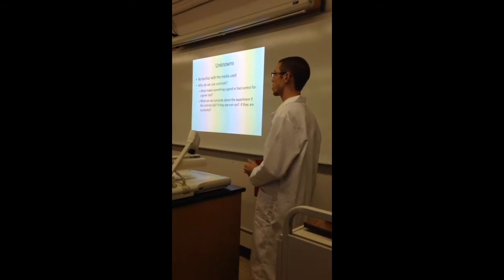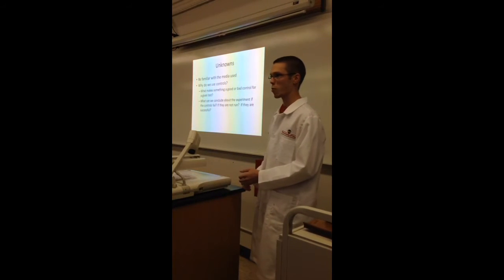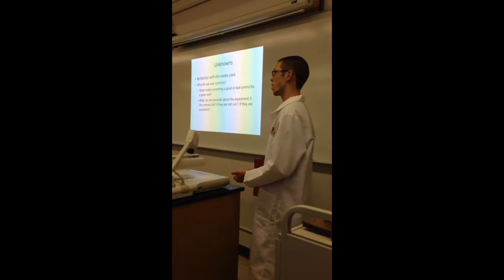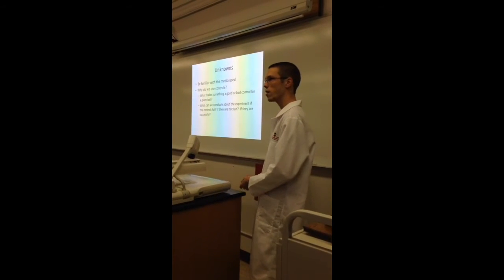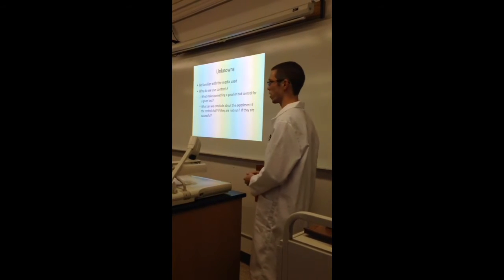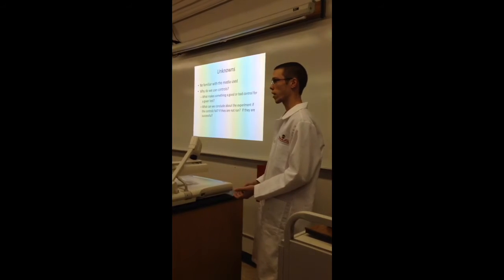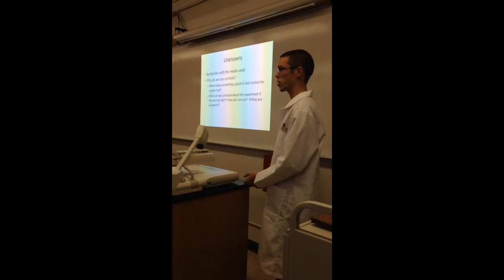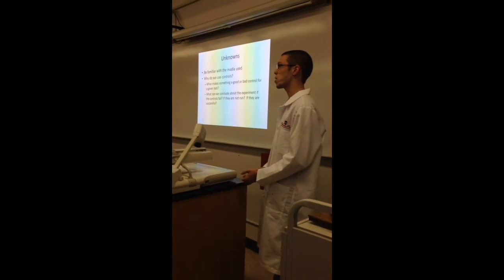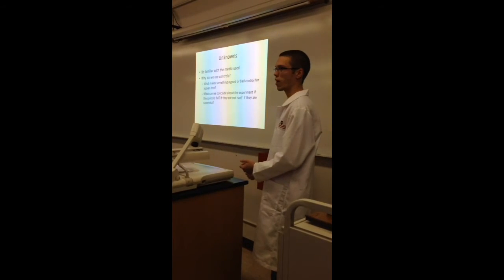If you're doing something like a TSI, especially for the purpose of this class, you can't do a control for every single possible outcome. That's just too many tests to try. So you just want to do enough controls that you know that the media is working. But as far as being good or bad controls for something like EMB, that's a plate. You can divide it up really easily.